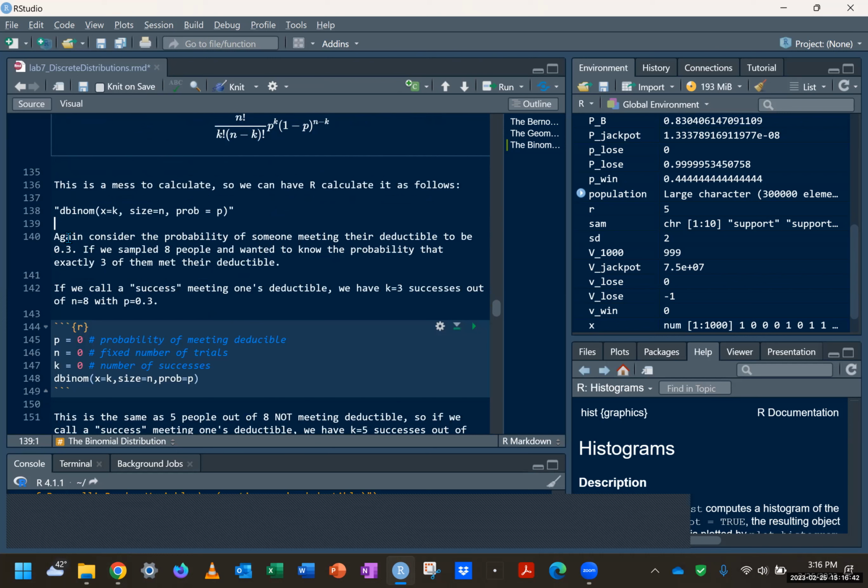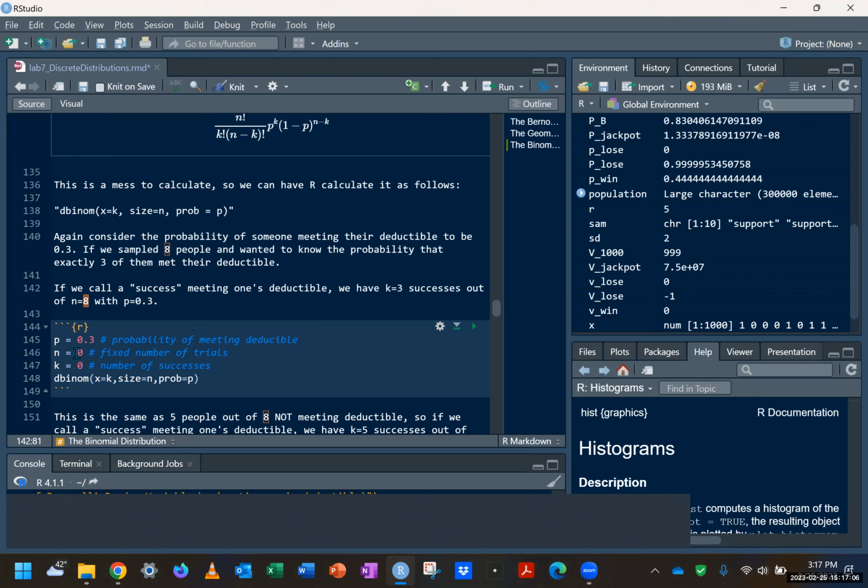The example of meeting our deductible, we had a probability being 0.3, 30%. And suppose we were a small company and we had 8 people in our company, and we wanted to know what's the probability that exactly 3 of them meet their deductible. So we'll call success meeting the deductible. So that means we can make P 0.3. That's the probability of success. We have N people.